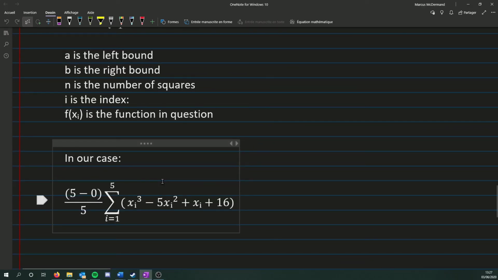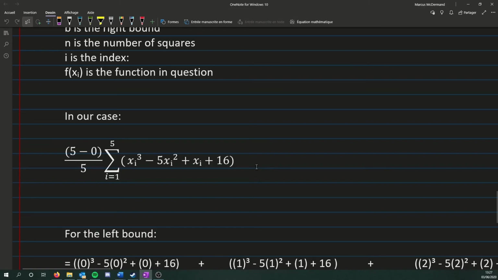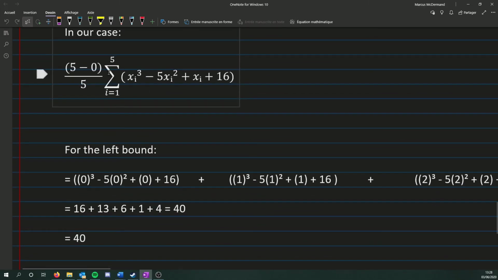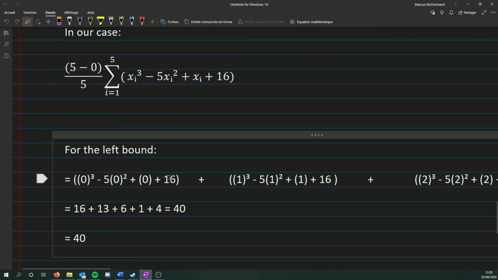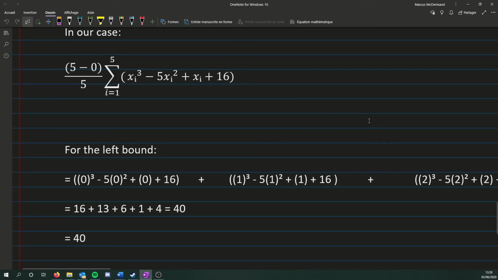In our case, for the actual equations, I've used left bounds just because I kind of wanted to. Now what this turns into is this, but you plug in 0, plus this, but you plug in 1, plus this, but you plug in 2, plus this, but you plug in 3, plus this, but you plug in 4. All multiplied by the width, which again equals 1.